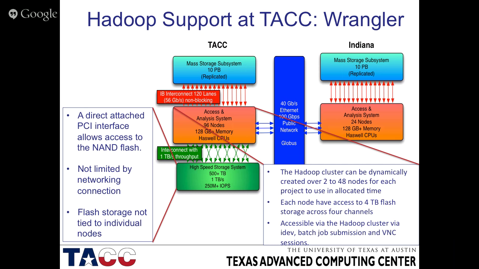Once you request a Hadoop cluster, each node will have access to 4 terabytes of flash storage on this high performance storage system. One of the nodes in your Hadoop cluster is used as a service node to run the name node and the resource manager. So the actual distributed file system will be 4 terabytes times the number of nodes you requested minus 1.